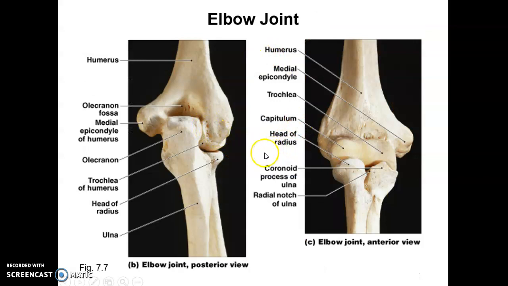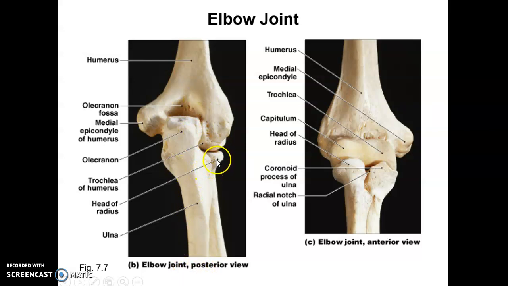Zooming into the elbow joint, posterior view, anterior view. This is the olecranon that fits into the deeper olecranon fossa. And in the anterior view, there's a coronoid process that fits into the shallower coronoid fossa. Notice the posterior view of the right elbow.